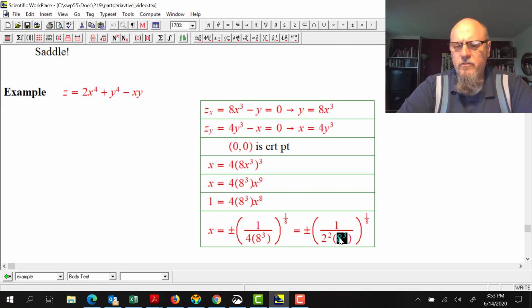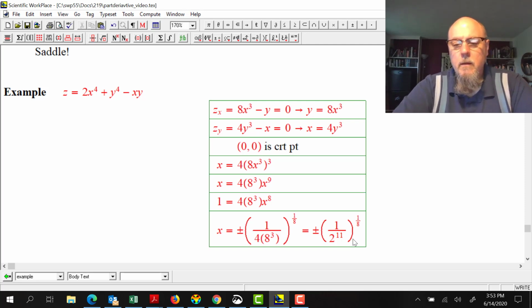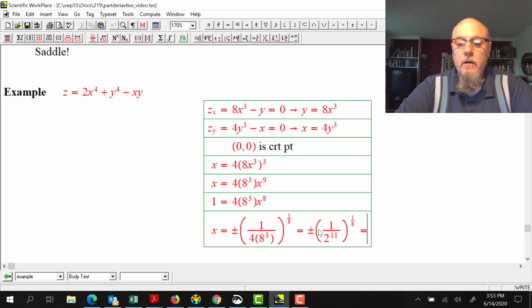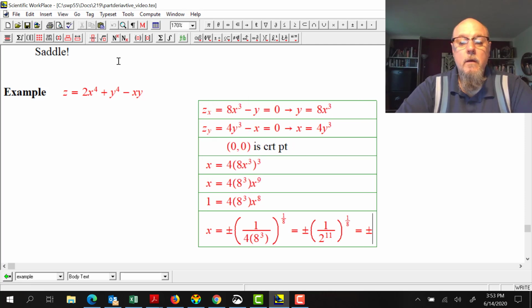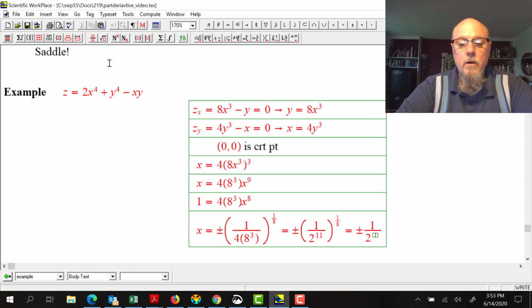And that makes this 2 to the 11th. So we can write this as plus or minus 1/2 to the power of 11/8.